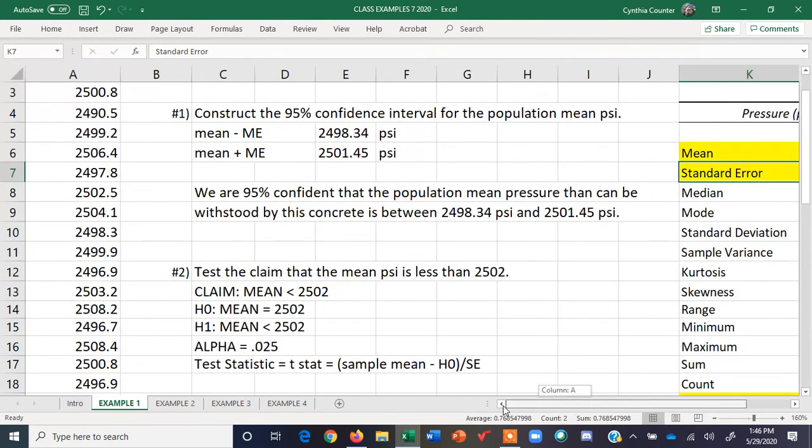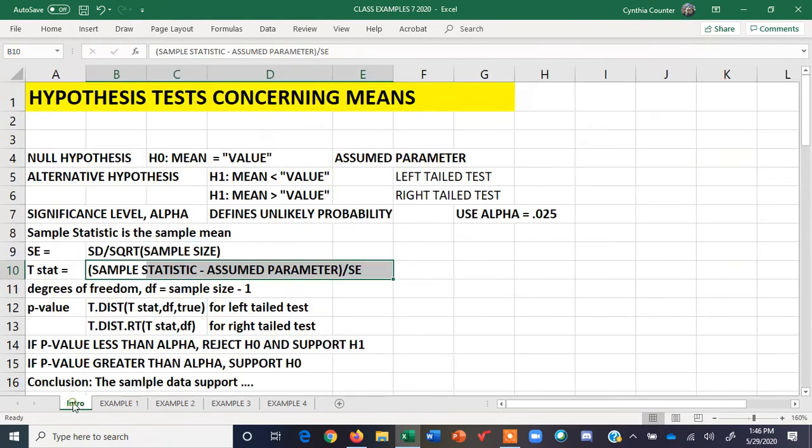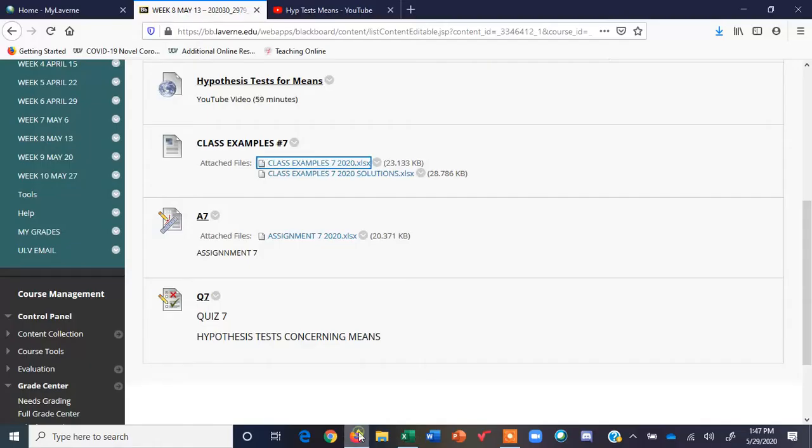If you did not have the data analysis tool, but you had to compute things independently, you would first find the standard deviation, and then to compute the standard error, you would divide the standard deviation by the square root of the sample size. So let me remind you how that would be done.